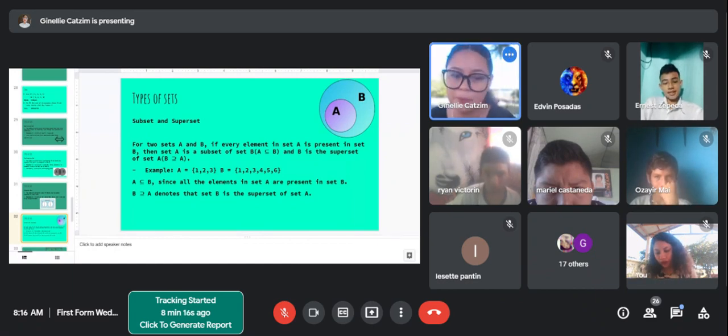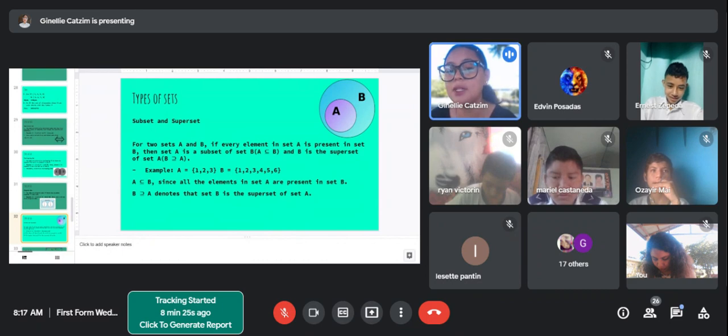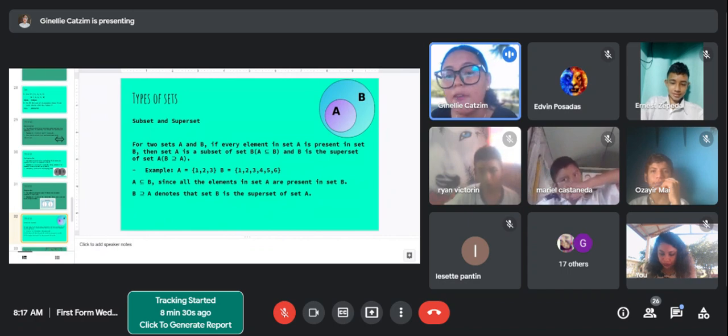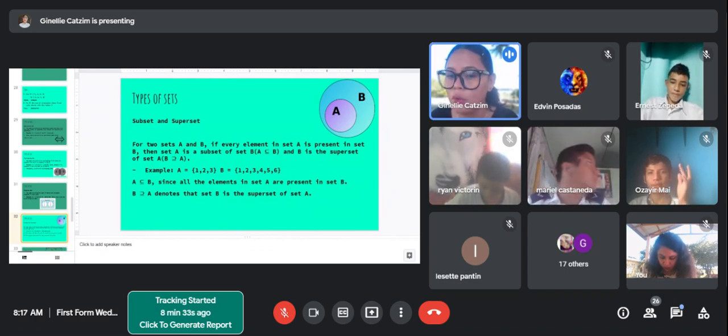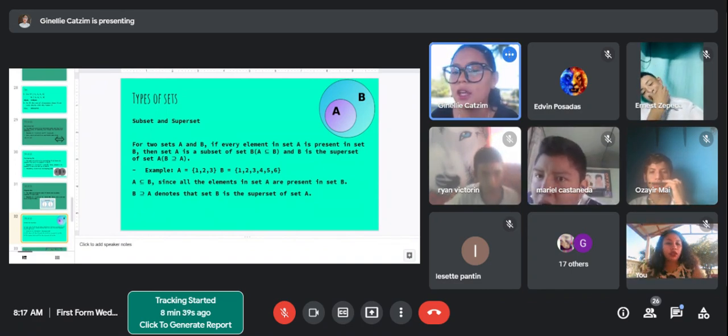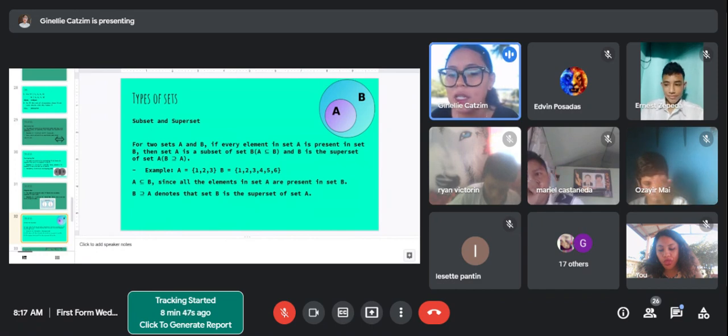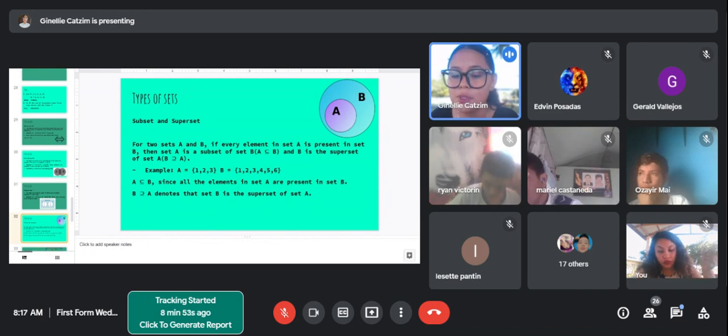For example, A equals 1, 2, 3, and B equals 1, 2, 3, 4, 5, and 6. Not only one element, but every element in set A is found in set B, right? So we can see that set A is a subset of set B, but B is the superset.